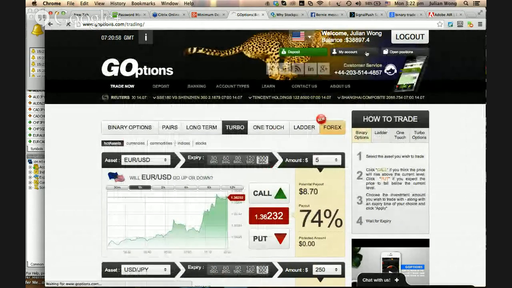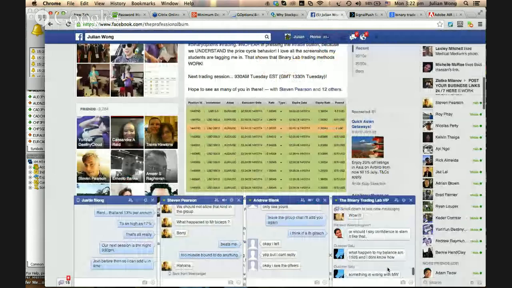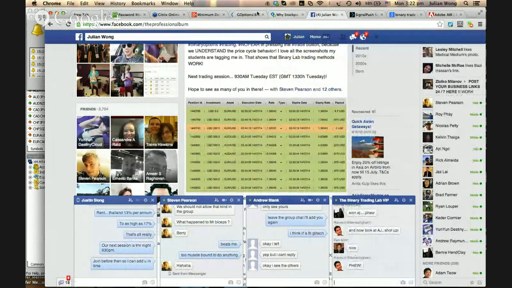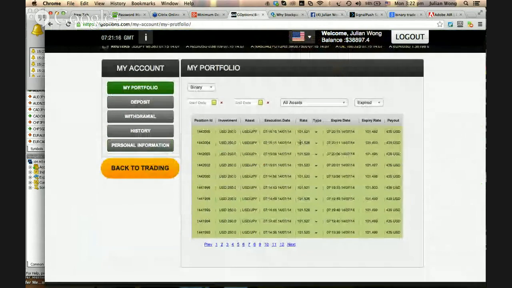And these are actually my trade positions. I think they're asking me about my trades right now. They're saying, holy crap. Yeah, these are the actual trades that were taken in the last few moments, right?